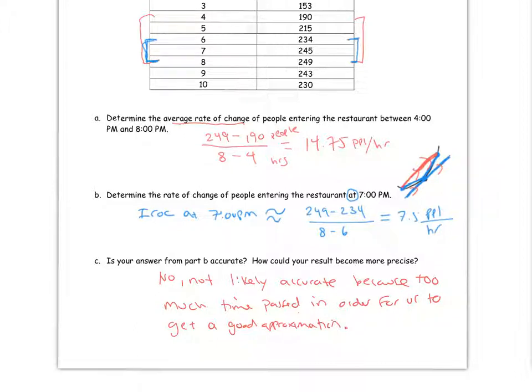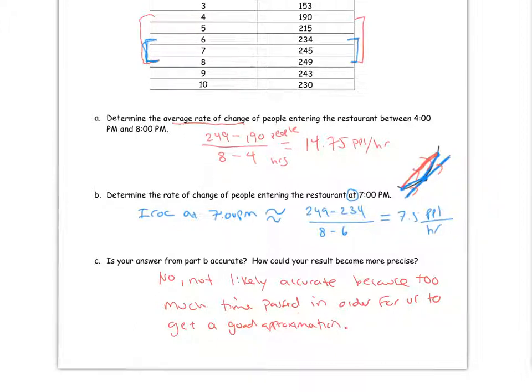If you knew the amount of people in the restaurant at those times, then you could get a much better estimate of the instantaneous rate of change, because not enough time passes for people to leave, and so your estimate for the rate would be much better.